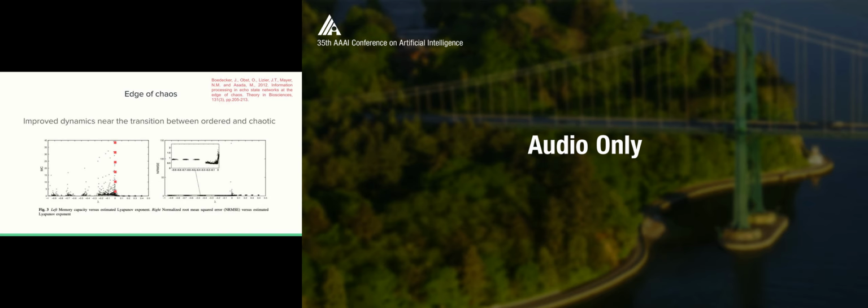Values above 0 on the right part of the red line denote unstable dynamics. And you can see that this memory capacity (MC) score on the y-axis peaks in correspondence of this transition between stable and unstable dynamics.